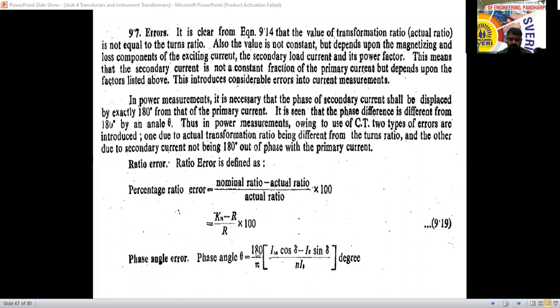Number 40. Rohit Jadhav. Rohit. Rohit Jadhav, are you there? Joined, but not yet joined the audio.